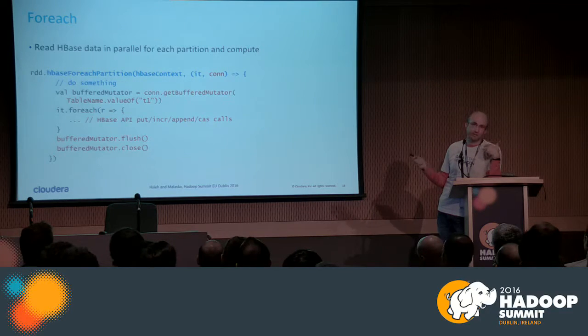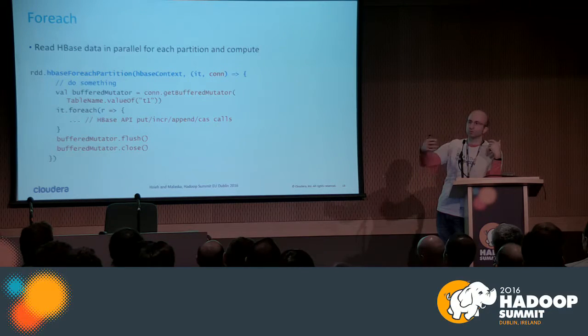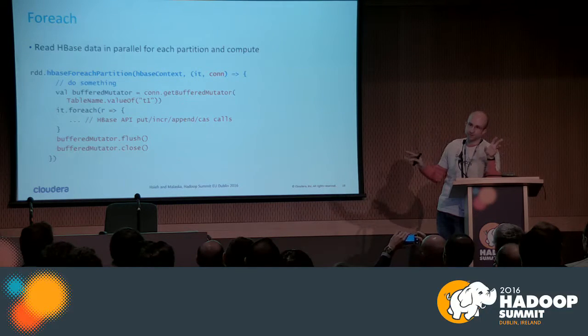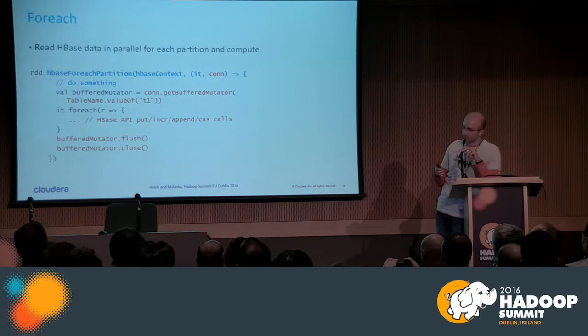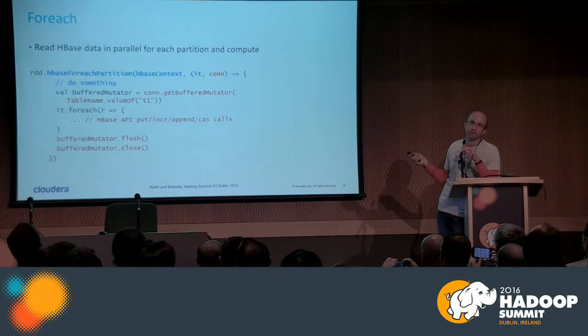I had one customer doing graph restructuring as the data was streaming in, so they could look at the current nodes, see if new edges or new connections needed to be made, and then add them. So it could do multiple gets and puts in a single iteration if it wanted to. But really, this is one of the fundamental classes that a lot of the other classes are built on.